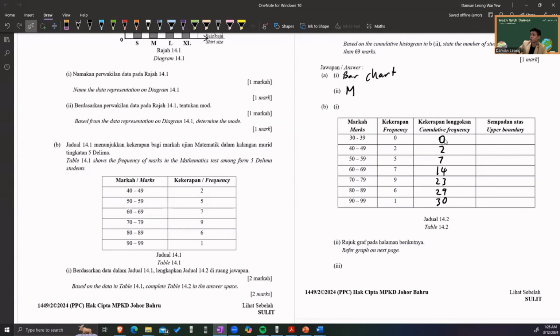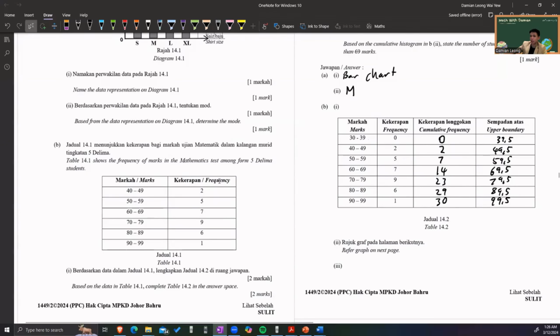And upper boundaries will be 0.5 after the upper limit. So 39.5, 49.5, 59.5, 69.5, 79.5, 89.5, and 99.5.